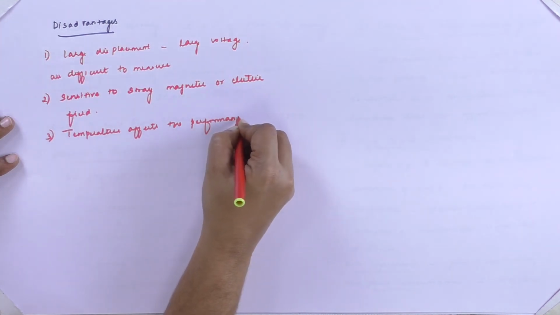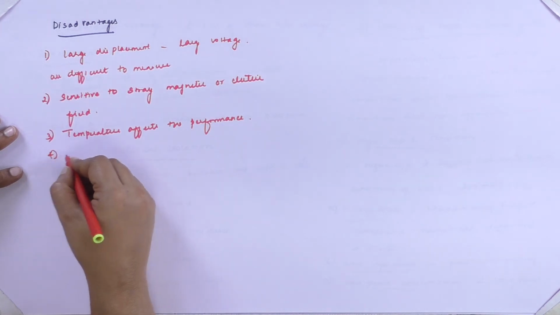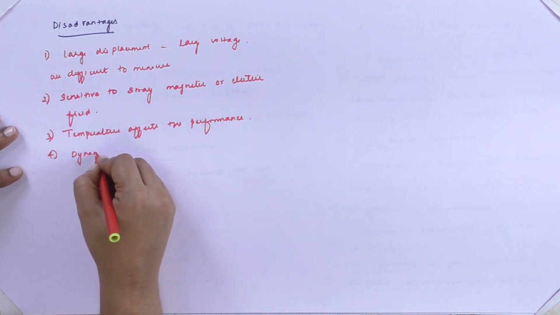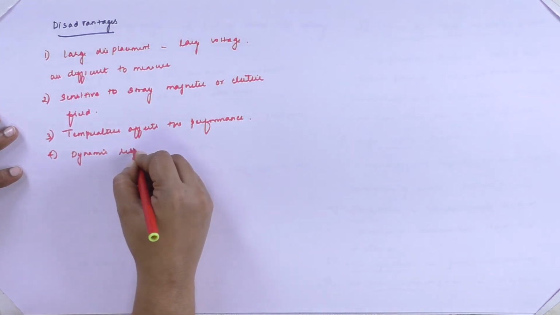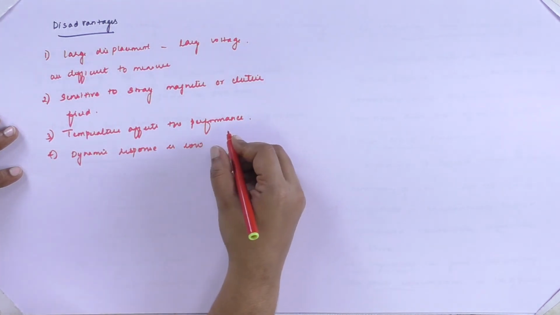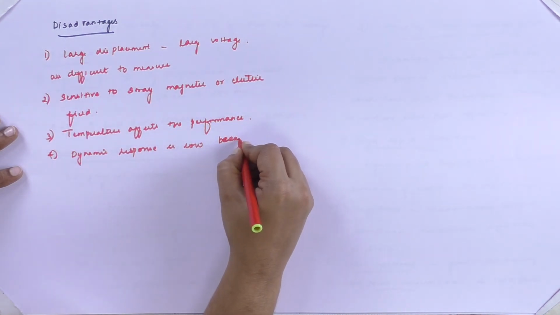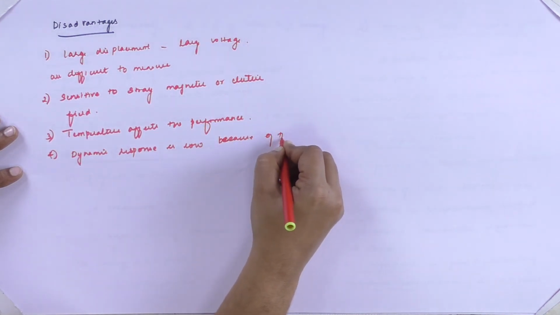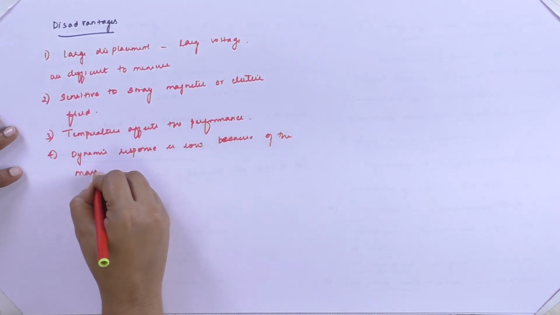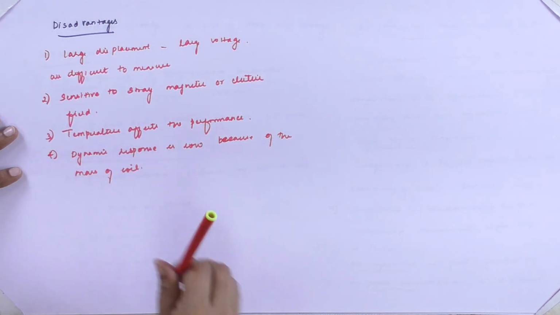So the performance of this LVDT is affected by the temperature. And the fourth one is that the dynamic response is also low in case of LVDT because of the mass of the coil.